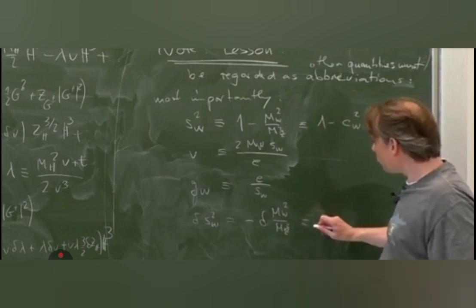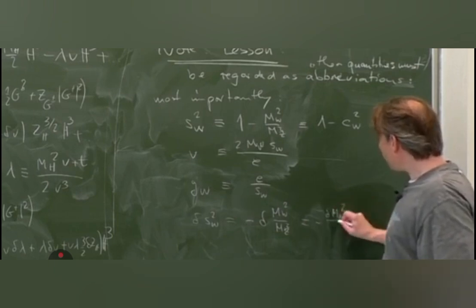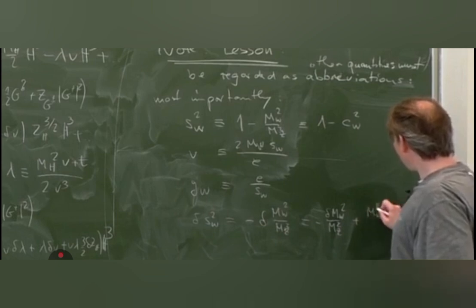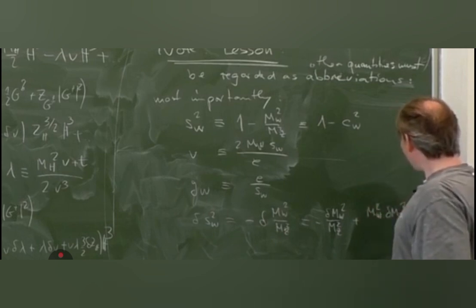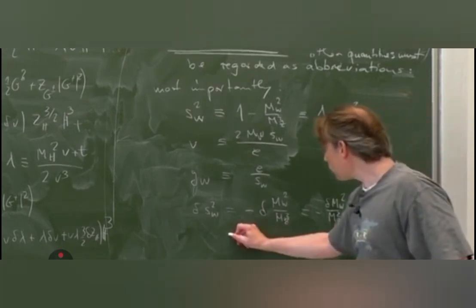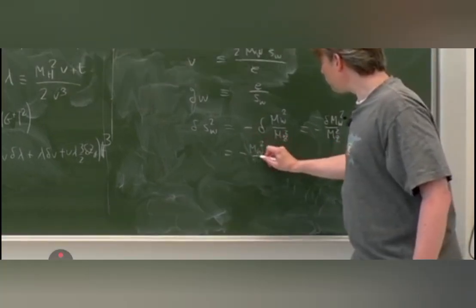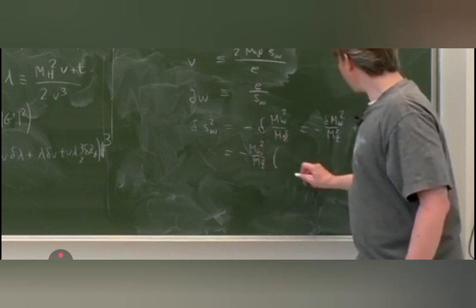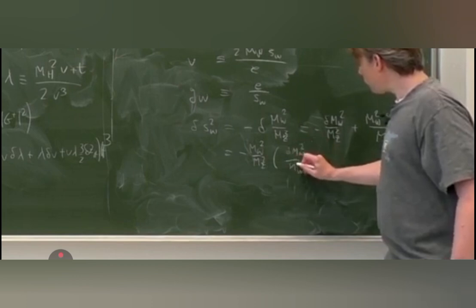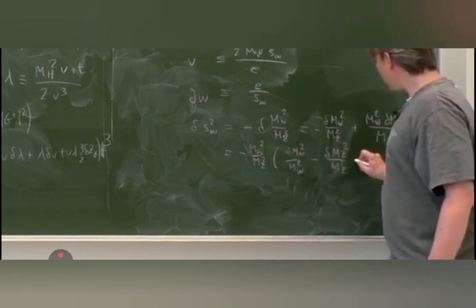So that is basically minus delta MW square divided by MZ square plus MW square delta MZ square divided by MZ to the fourth, and that can actually be nicely written as minus MW square over MZ square times the following: delta MW square divided by MW square minus delta MZ square divided by MZ square.